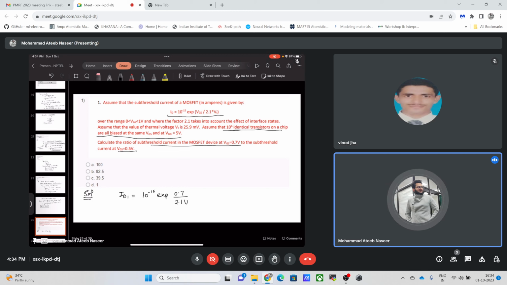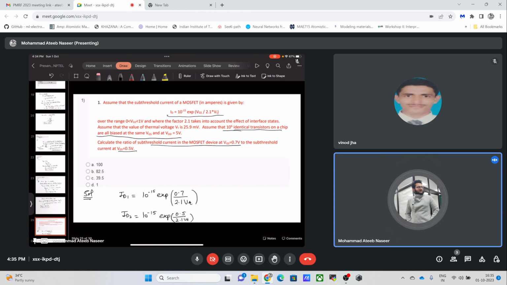This is VT, not VTH, the thermal voltage. And ID2 is simply 10 to the power of minus 15 times exponential of 0.5, which is the VGS, divided by 2.1 VT.